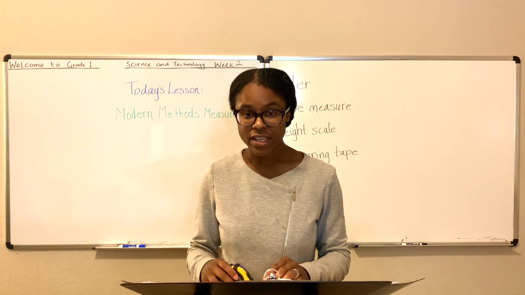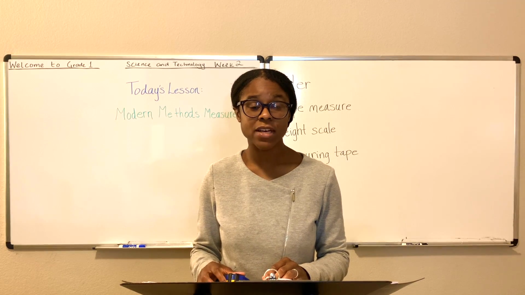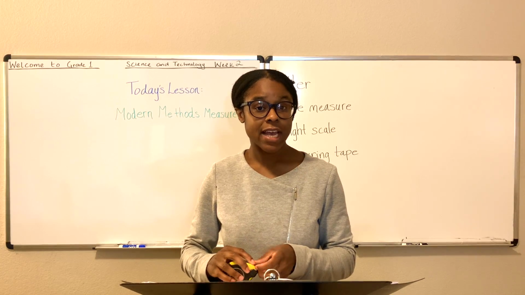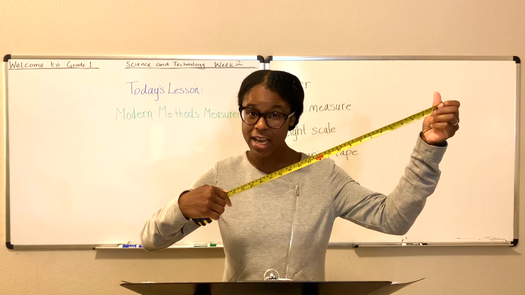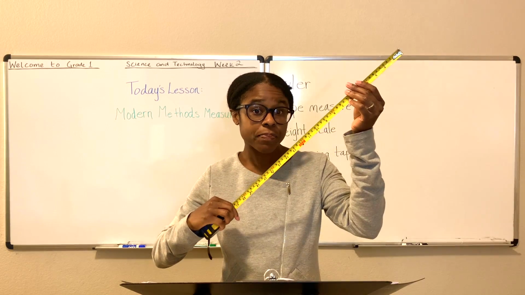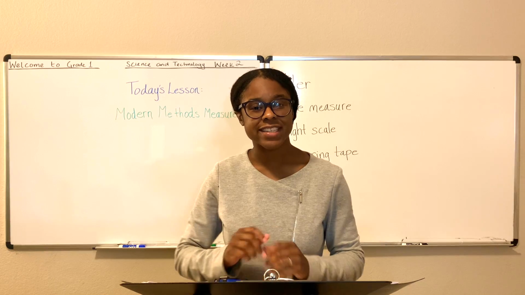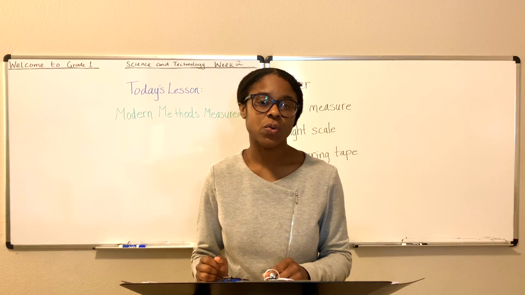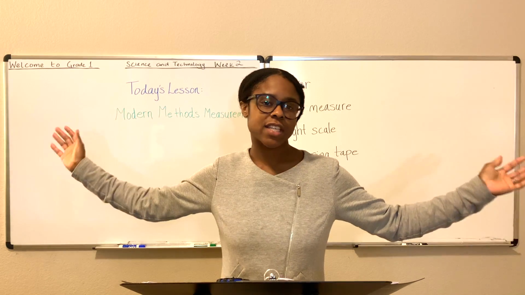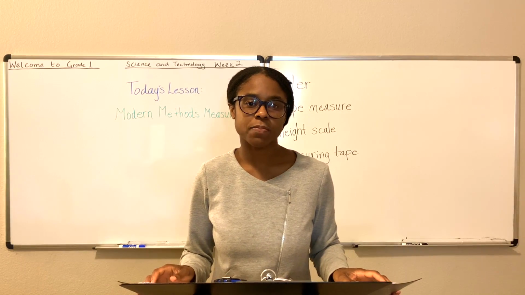We also have the tape measure. The tape measure is a strip of tape, very much like the measuring tape, except it doesn't come with this portion. It's just a strip. And that strip we use as a handy little tool whenever we need to check the length of things really quickly. It is not very extensive. It's not a very long strip of tape.